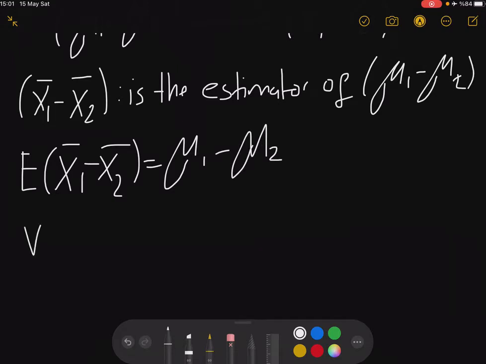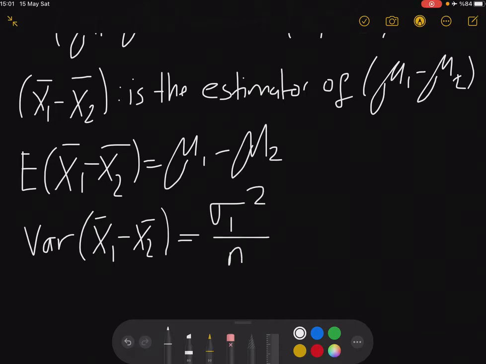And when we talk about the variance of this difference between two means, we can write this like sigma 1 square over n. This sigma square over n was just for only one of them, right? We have seen this before. Now you add them up. Although it's a difference, we still add them up because it's increasing the variance, of course with N1 and N2 here.